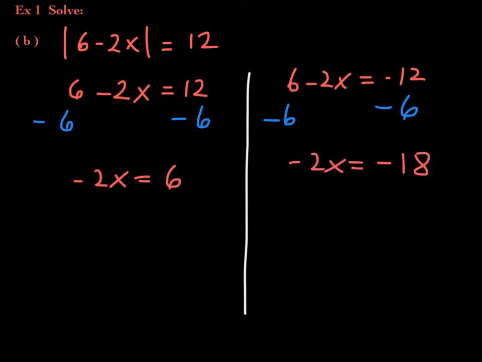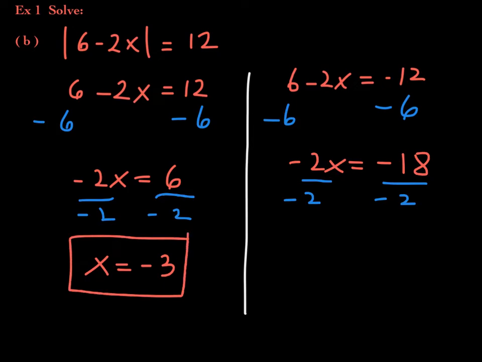What I'll do next for the equation on the left is divide both sides by negative 2. For this equation over here, I'll do the same thing, divide by negative 2. And then I have my two solutions. One of them is negative 3, and the other solution is positive 9.